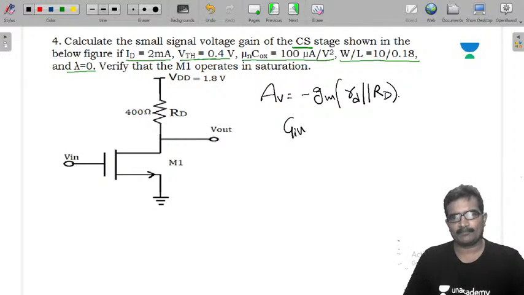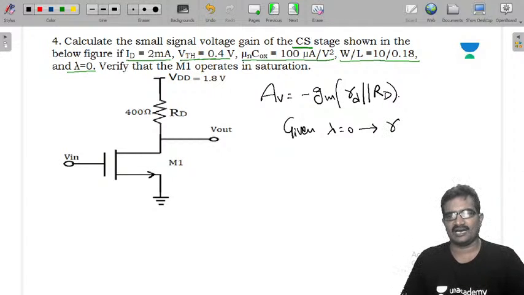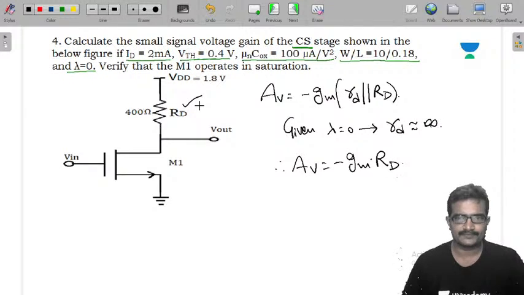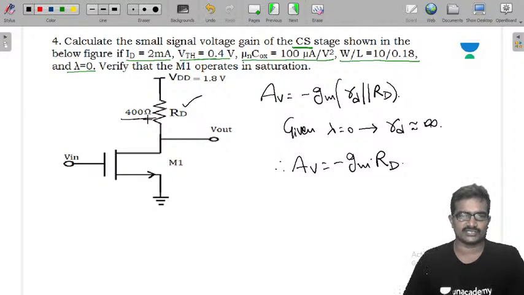They gave us, omit channel length modulation. They gave lambda 0. It means rO, because rO is directly proportional to 1 by lambda, is approximately infinity. Therefore, voltage gain required is minus GM times capital RD. They gave the RD value. It is 400 ohms.